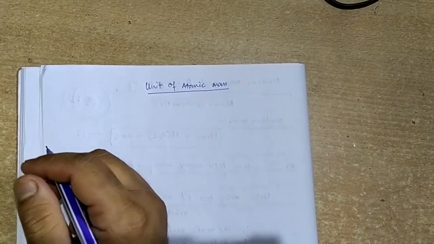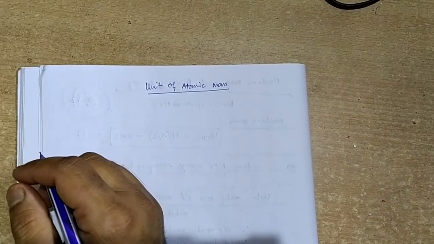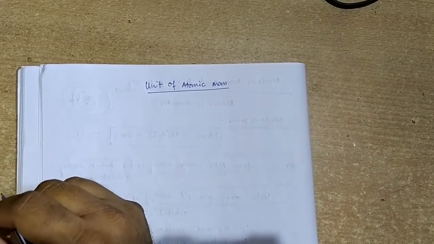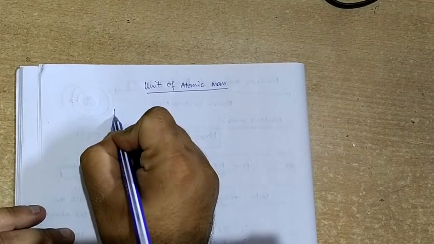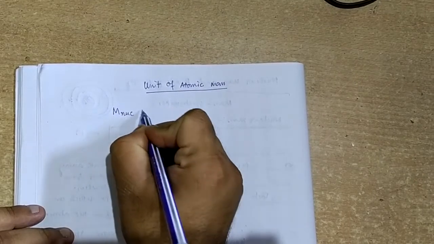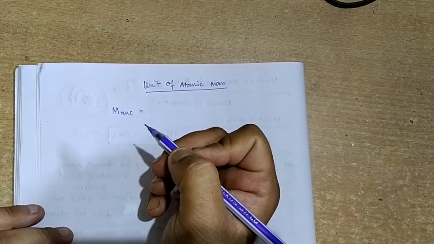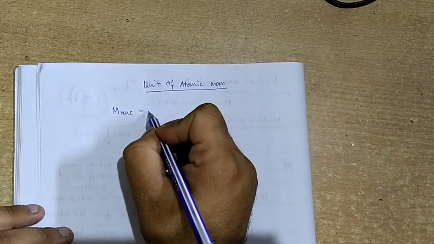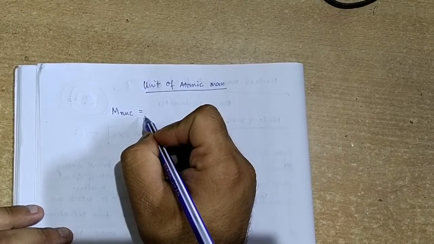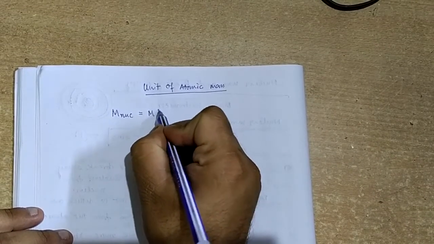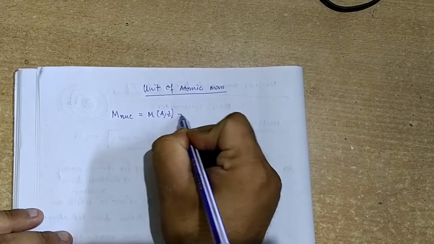Actually, in our previous class, we calculated the mass of the nucleus from the mass of the atom. That is, from atomic mass we calculated the nuclear mass. Here this is the expression.